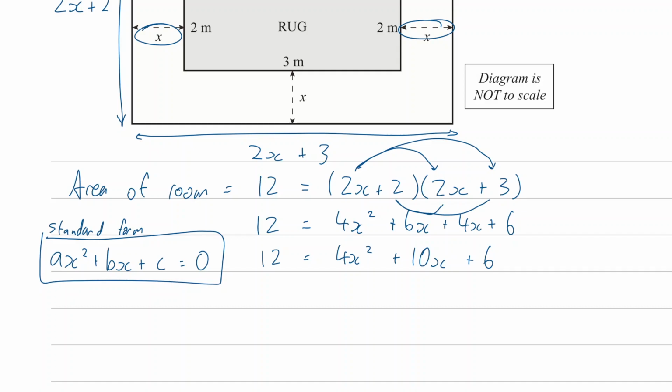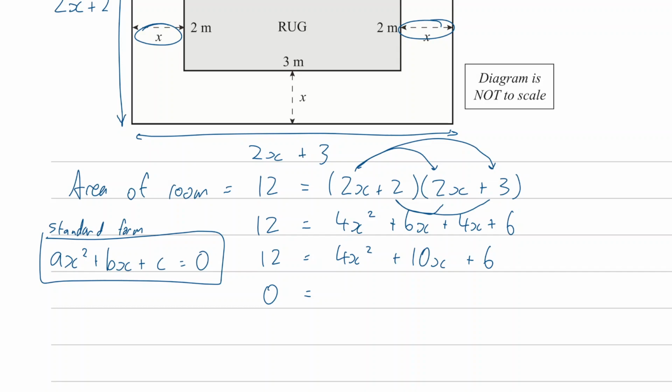It's not equal to 0 yet, it's equal to 12. So we can subtract 12 off of both sides to give us 0. But if we subtract 12 off the left, we must subtract 12 off the right. So 6 minus 12 gives us minus 6. So here we go. This is a great place to be. We have a quadratic equation in standard form.